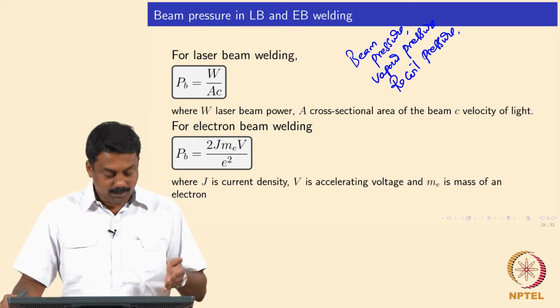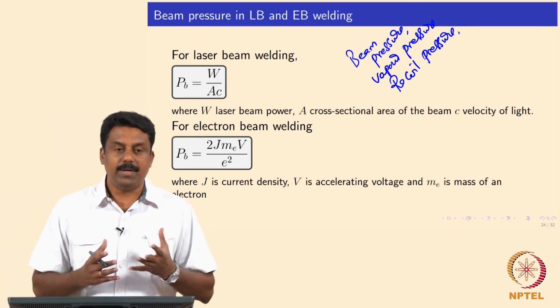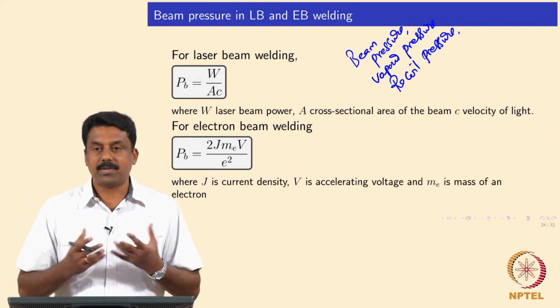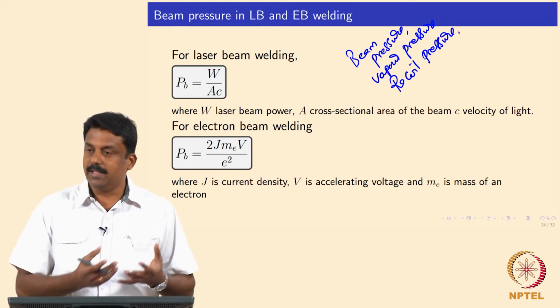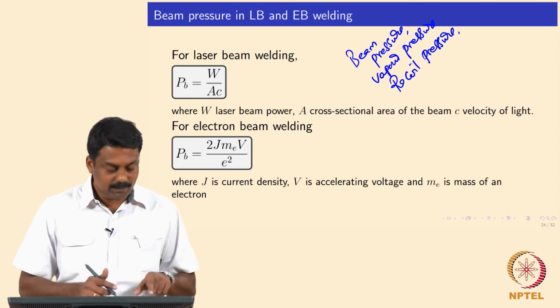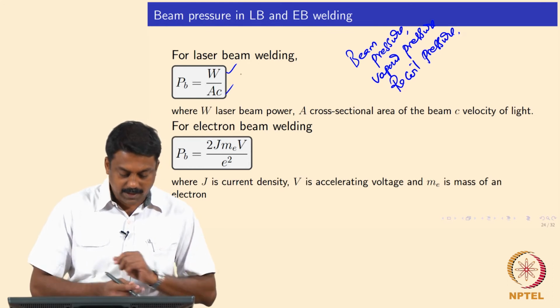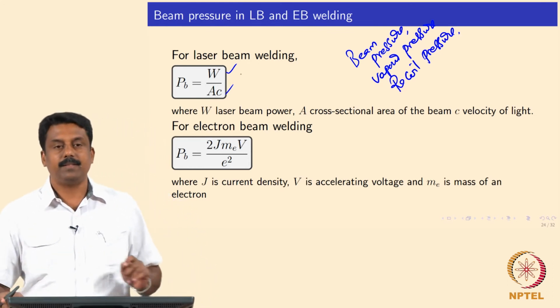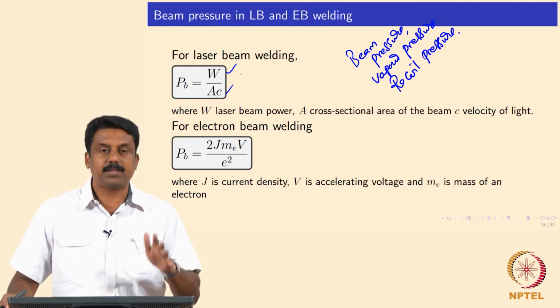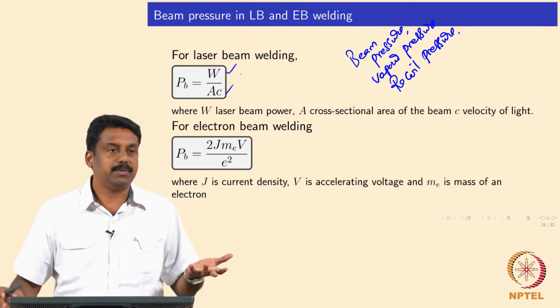So, why? If you look at the pressures which aid the keyhole formation, okay, the main pressures which actually aid it are the vapor pressure and the beam pressure. If you look at the beam pressure for laser beam welding, it is the power divided by the cross-sectional area and the velocity of light. Okay, what you have comes from your laser power source.